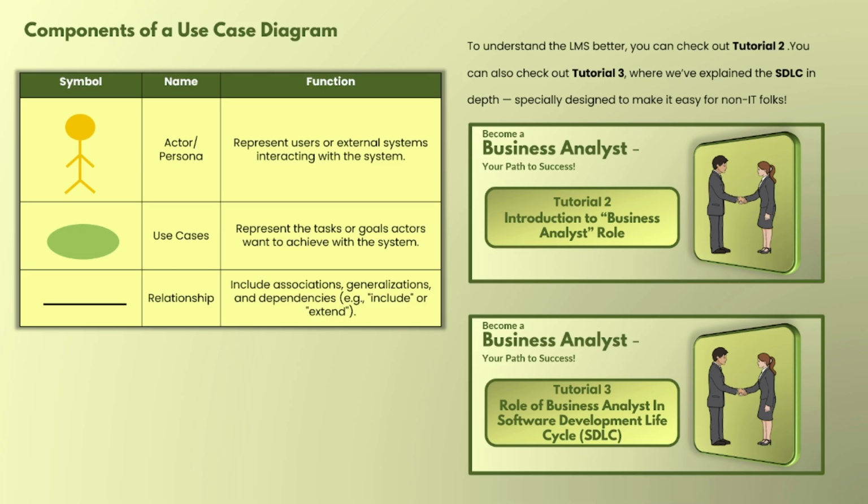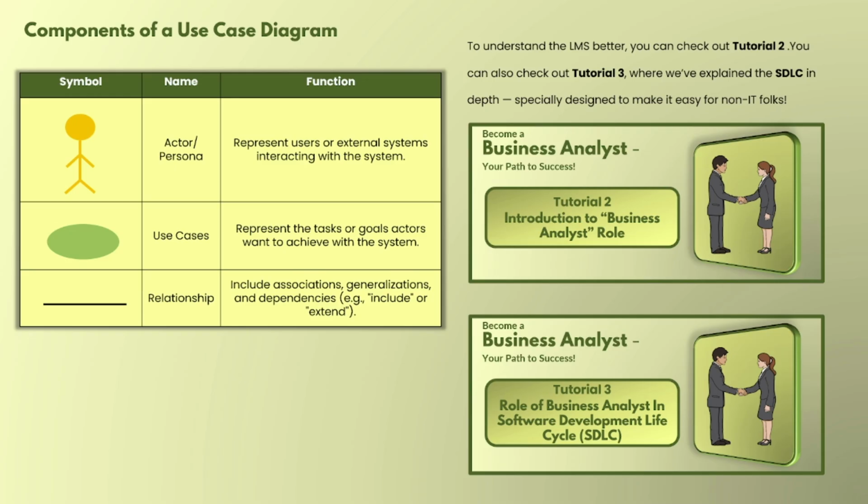And the next is use case. We have already discussed use case, but let me clear one thing. A use case is just a fancy term for a task or an action, nothing more than that. The task the actor wants to do, the work someone interacting with the system wants from that system, is nothing but use cases.